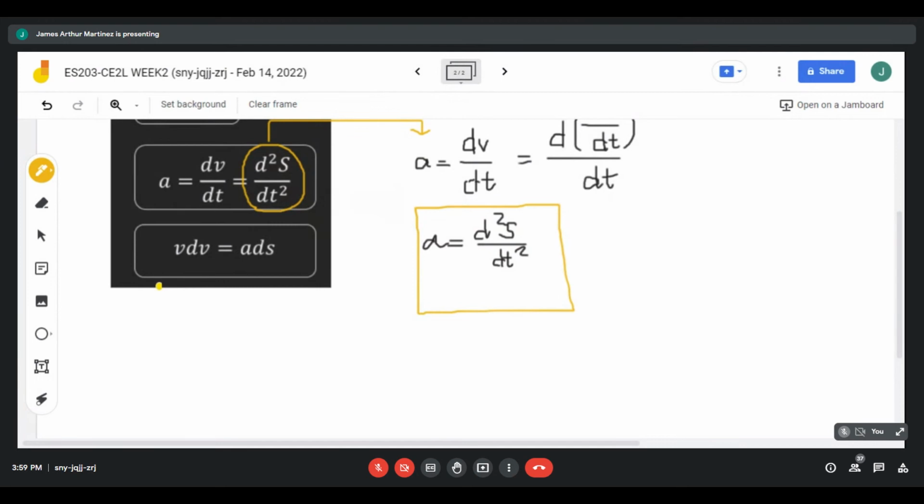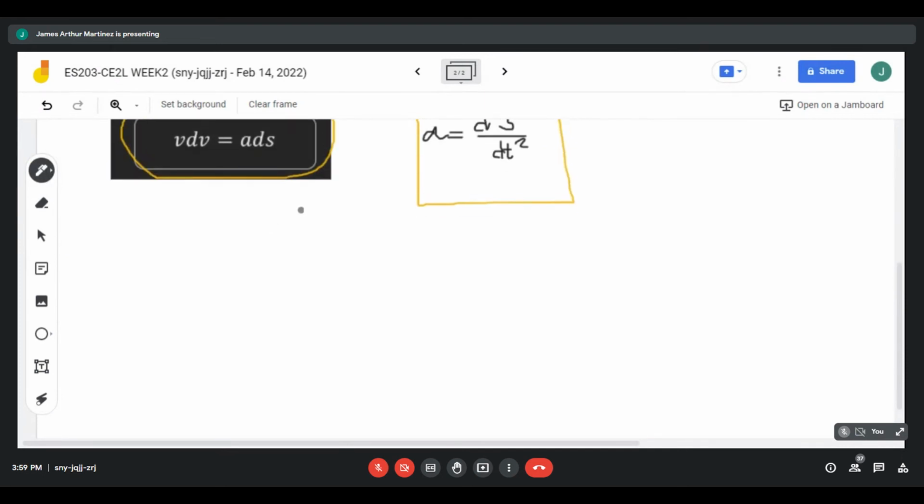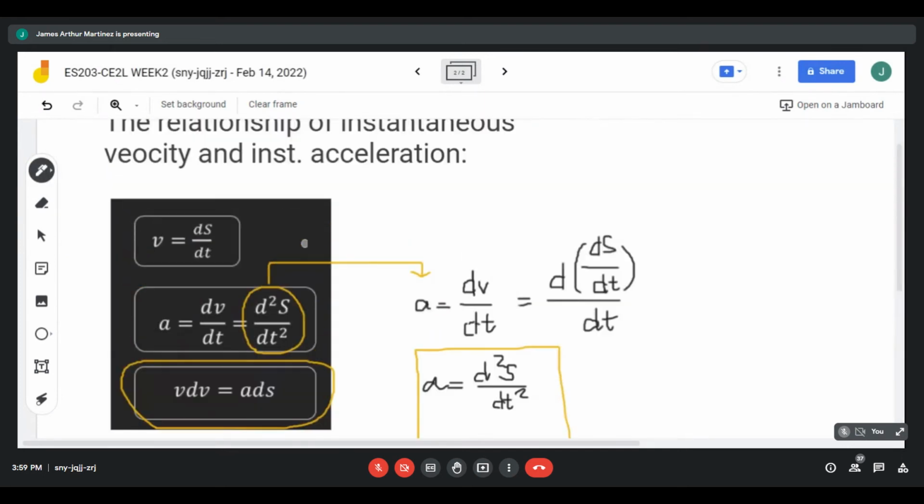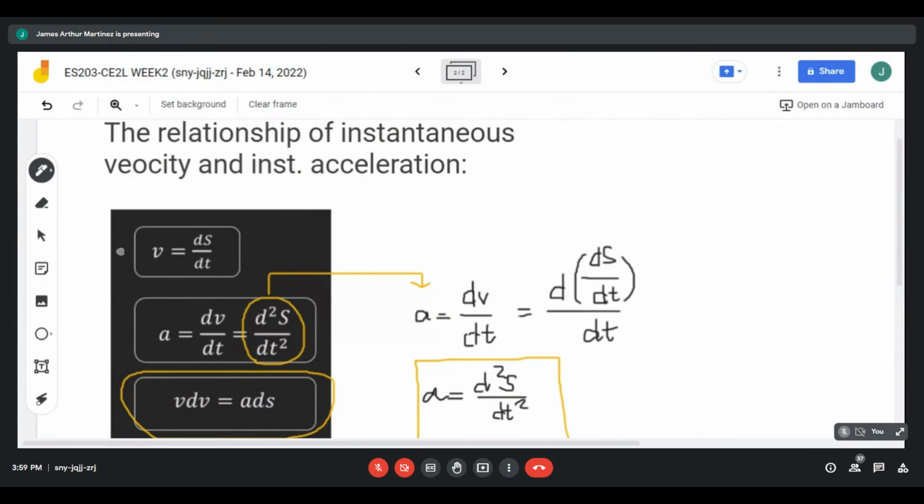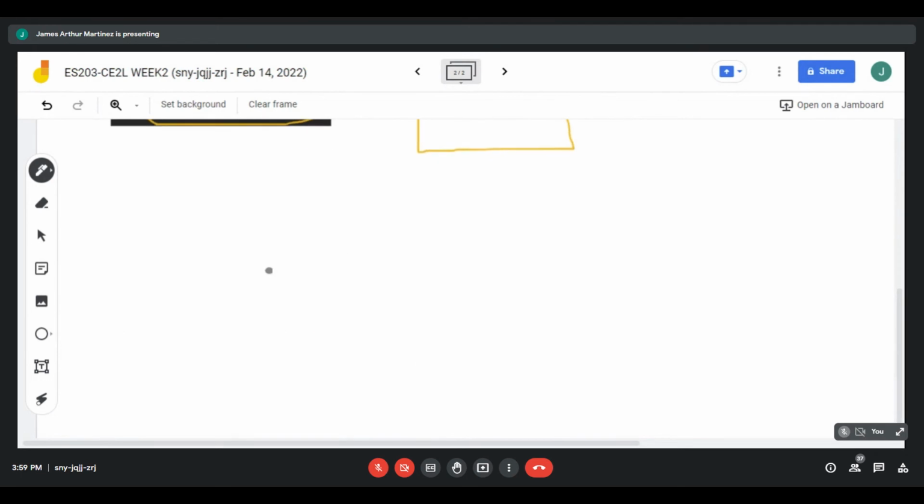And for this case, can you see v dv is equal to a ds. This relationship comes from the definitions of our instantaneous velocity and acceleration.